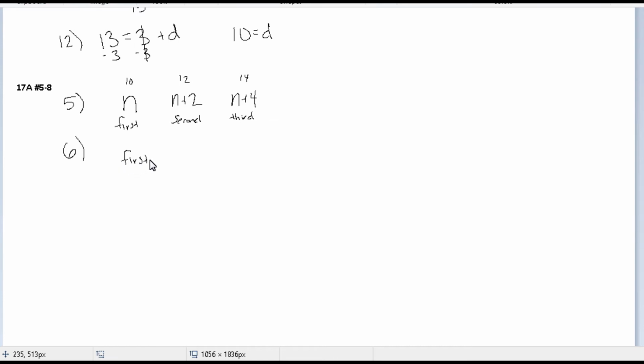So the first plus the second is equal to the third integer plus 4. So now I'm going to plug in what the integers are. The first one is n, the second one is n plus 2. The third integer is n plus 4.